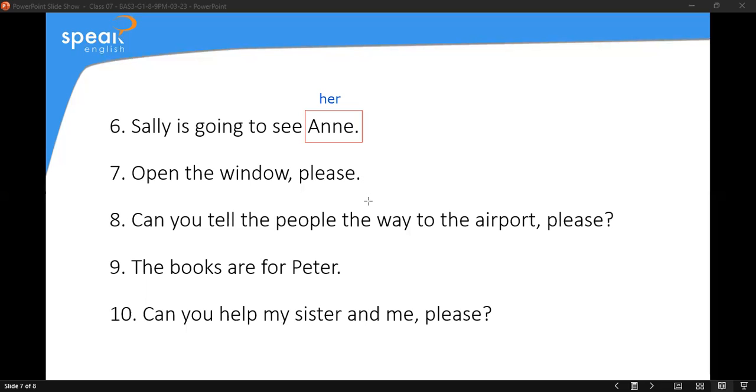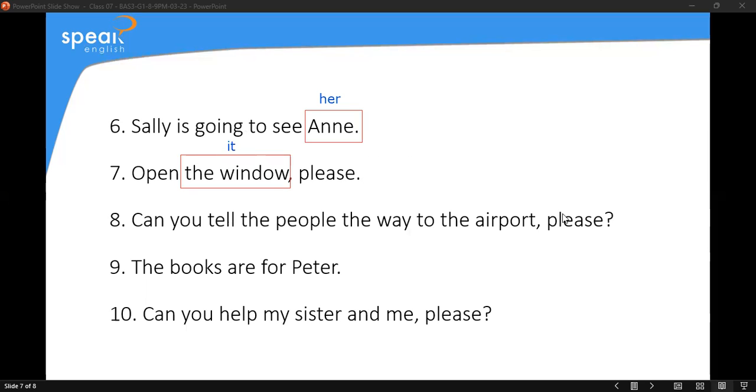The object is the window. Excellent. And what is the object pronoun? The object pronoun is it. Perfect. Let's continue. Can you read the sentence number 8, please?